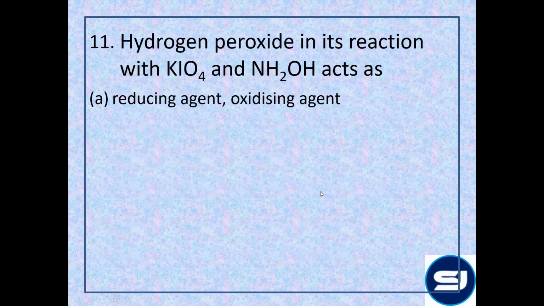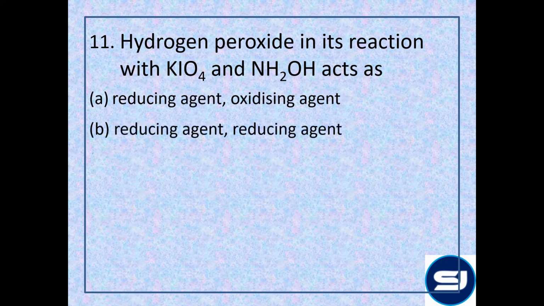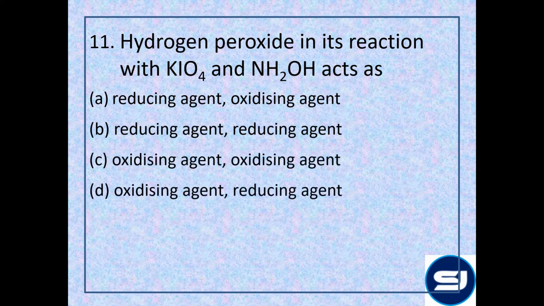Hydrogen peroxide in its reaction with KIO4 and NH2OH acts as what agent? What is the correct combination? Now यहाँ पर भी एक सिंपल ट्रिक है. KIO4 के साथ हाइड्रोजन पेरोक्साइड जब रिएक्ट करेगा, what will KIO4 undergo?